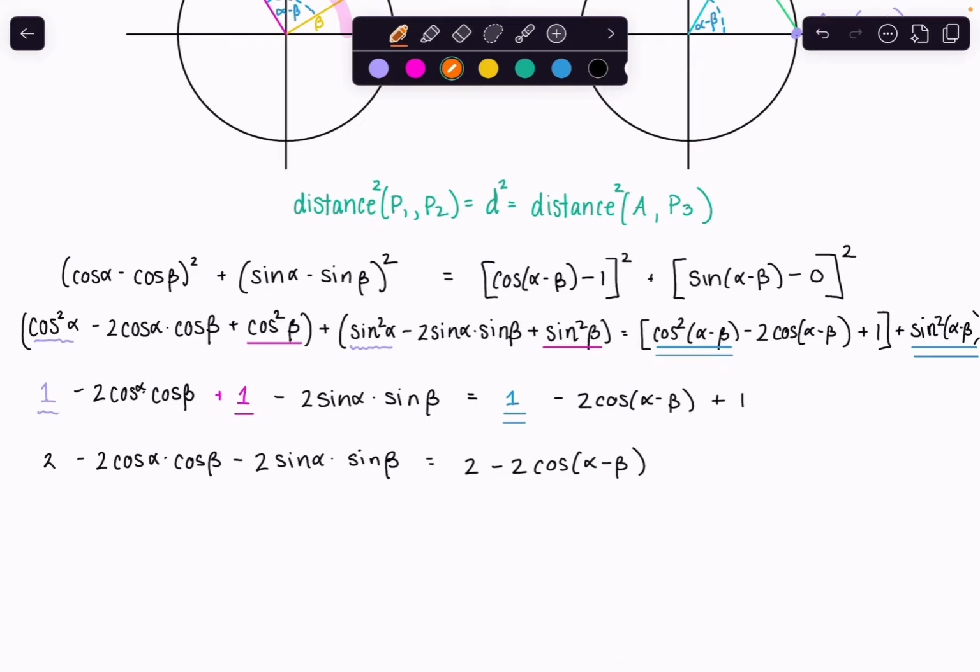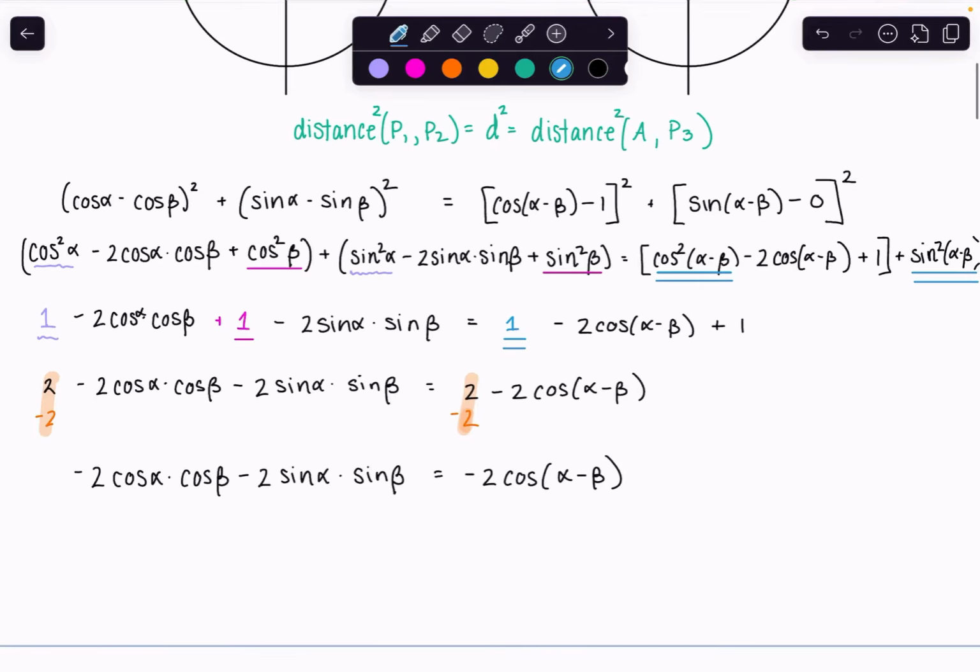Okay, well, moving the 2 to the other side, if I subtract that, nice things happen because both the 2's end up canceling each other out. So that leaves us with minus 2 cosine of alpha cosine of beta, minus 2 sine of alpha sine of beta equals minus 2 cosine of alpha minus beta.